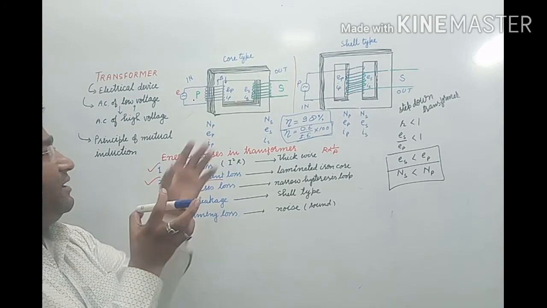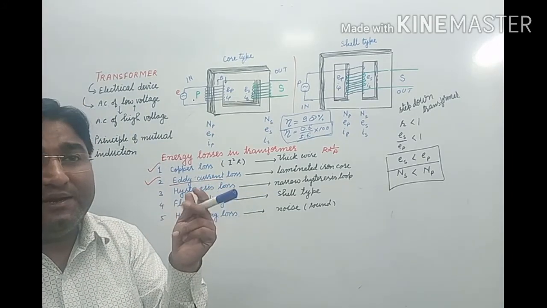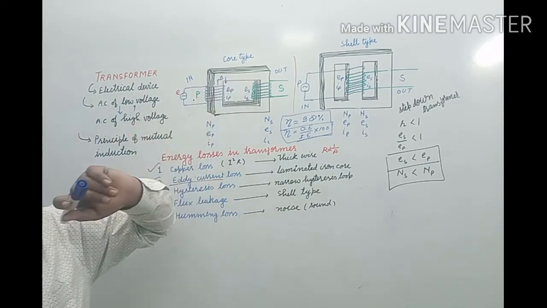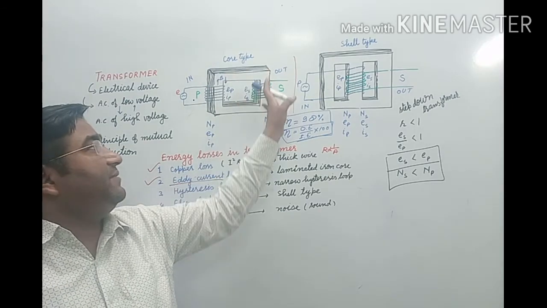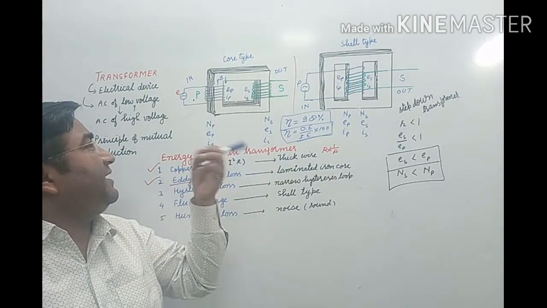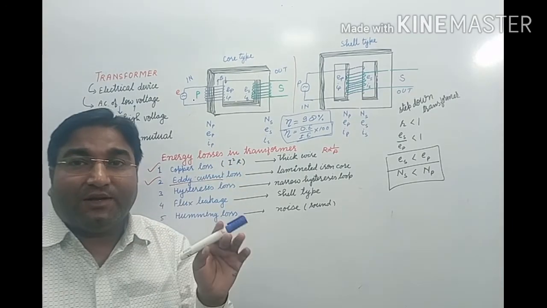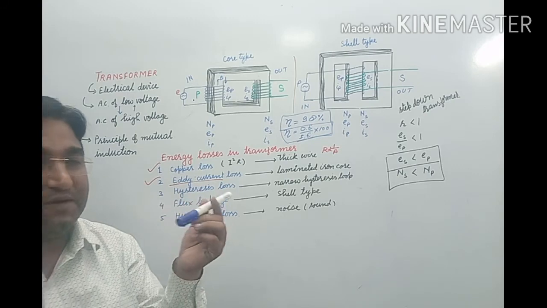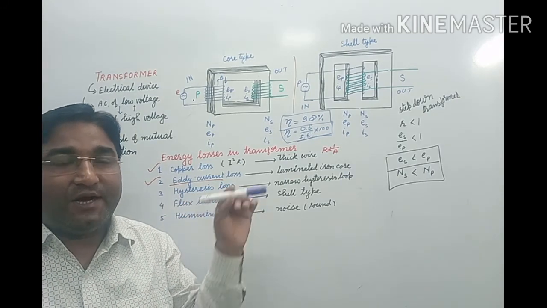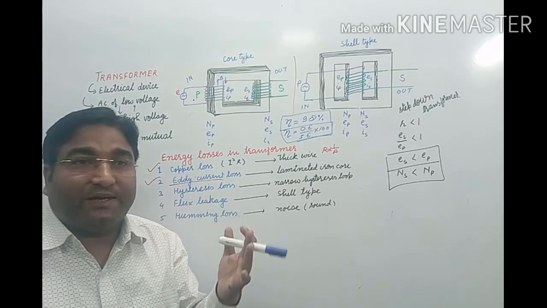Suppose a domain of the iron core is a small tiny magnet, and this is the external magnetic field. This core is filled with small atomic magnets, and according to the external field, these magnets arrange themselves. The external magnetic field applies torque on a magnetic dipole, and an atomic magnet is a magnetic dipole.